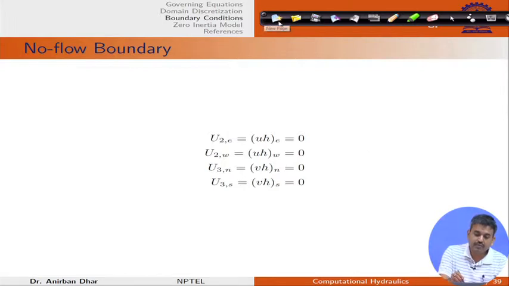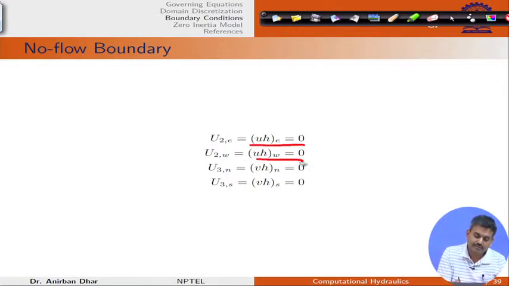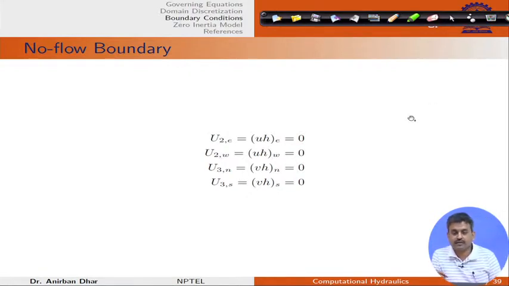Now, we need to provide or specify boundary no flow boundary condition. We know that if we have no flow boundary from all sides, obviously UHE, UHW, VHN, VHW, these VHS, these quantities will be 0 individually, and if we want to implement this with our governing equation, then let us see.